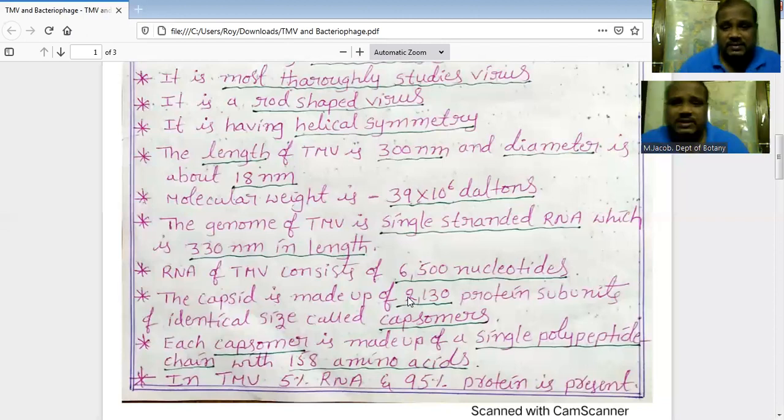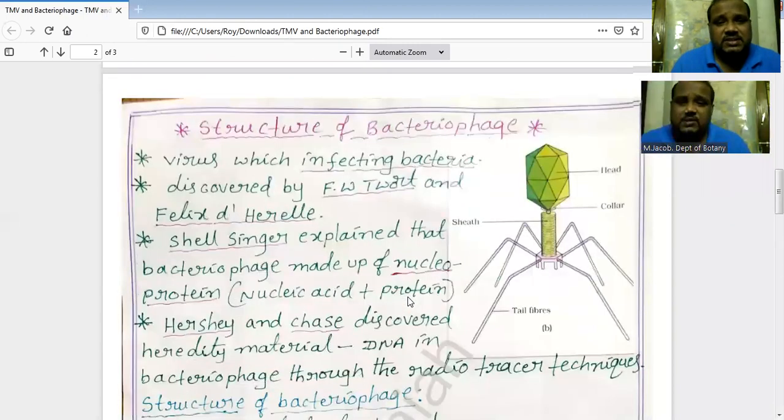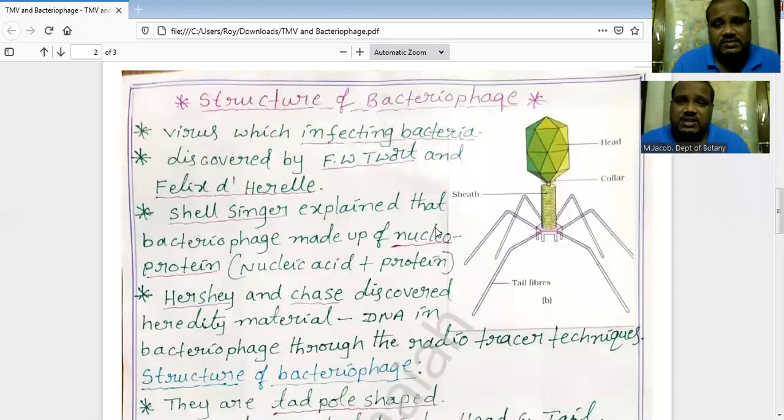The next one is structure of bacteriophage. This is the diagram of bacteriophage. What is a bacteriophage?